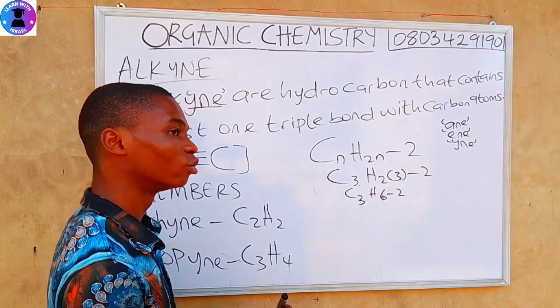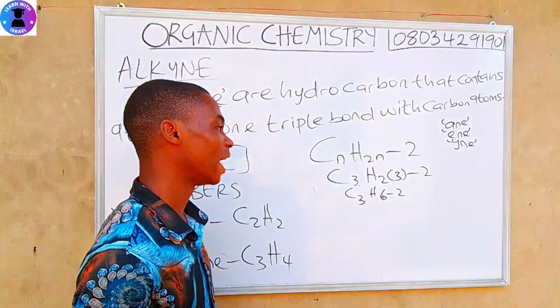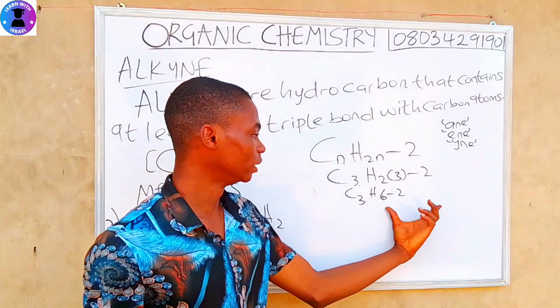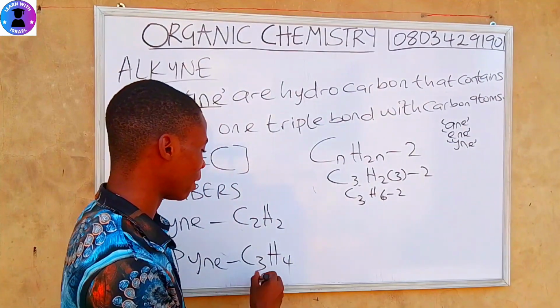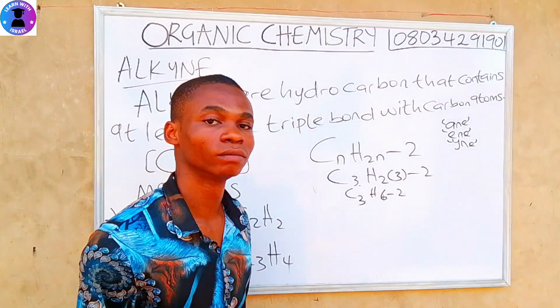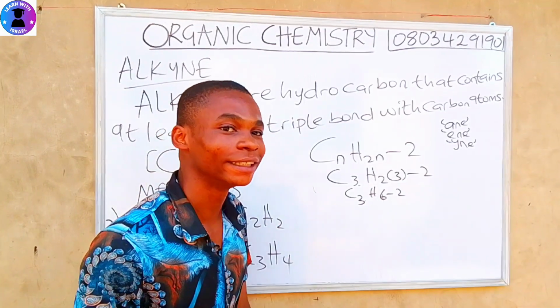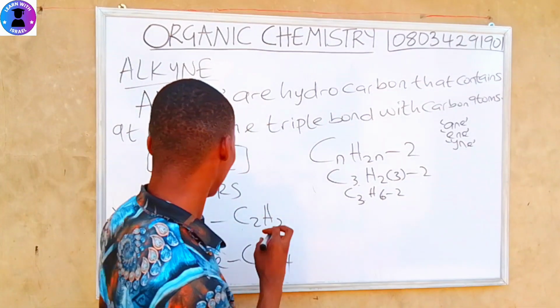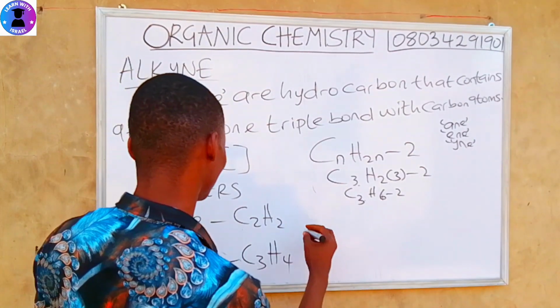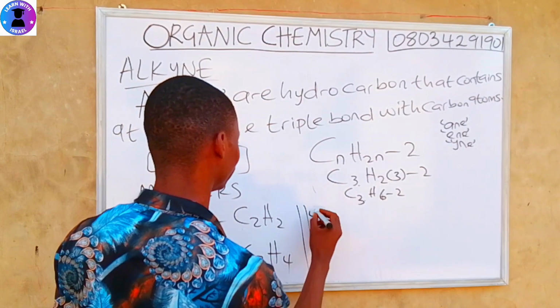So how do we make it easier? Instead of doing this, add 1 to the carbon, add 2 to the hydrogen. We've done the same for alkane, we've done the same for alkene. We're also going to do the same for alkyne. But before that, let me write 2 more.